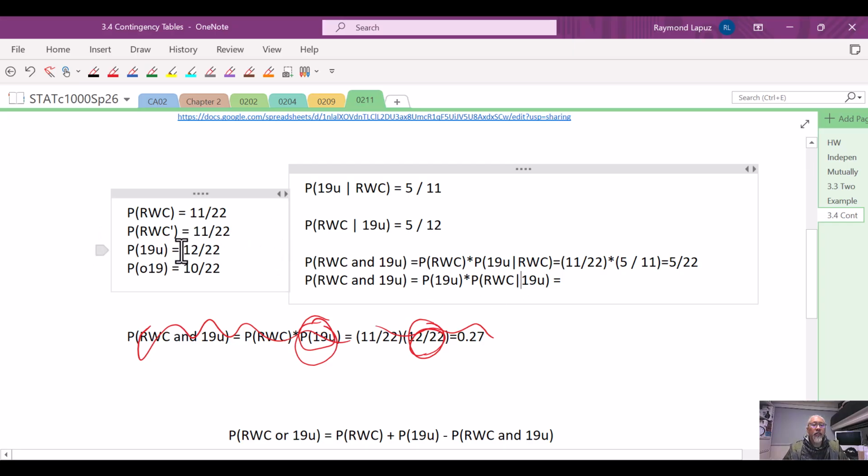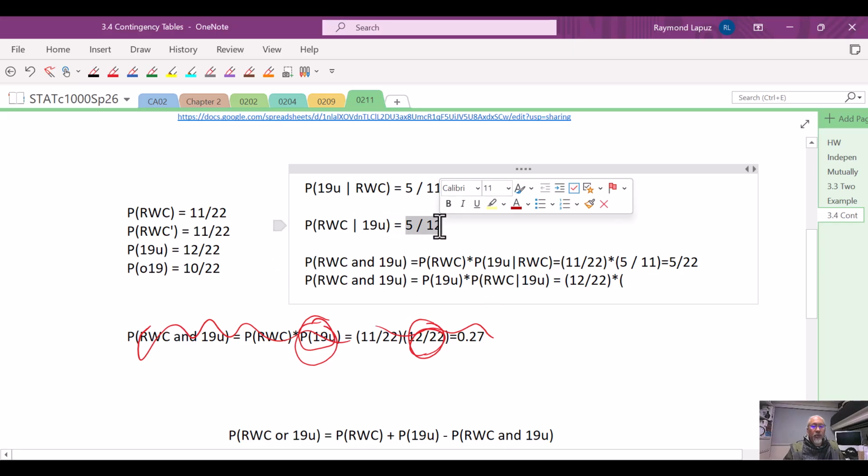So 19 and under is 12 out of 22. And we're going to multiply that by the probability somebody lives in Redwood City given 19 and under, so that's 5 over 12.